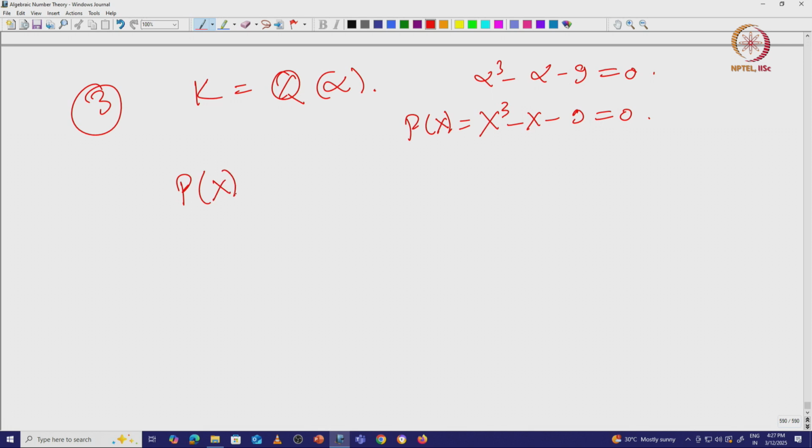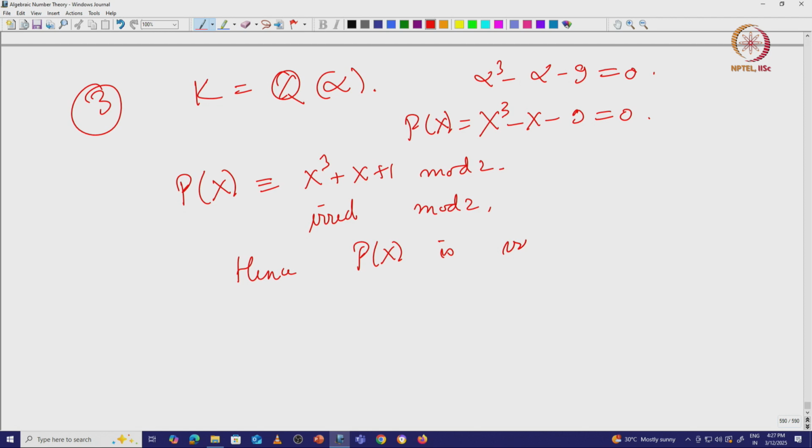So, p(x) is congruent to x cubed plus x plus 1 mod 2, and this is irreducible mod 2. Hence, p(x) is irreducible over Z, and hence by Gauss's lemma, over Q. Okay. So, this is a cubic field. So, n, which is the degree of K over Q, is 3.